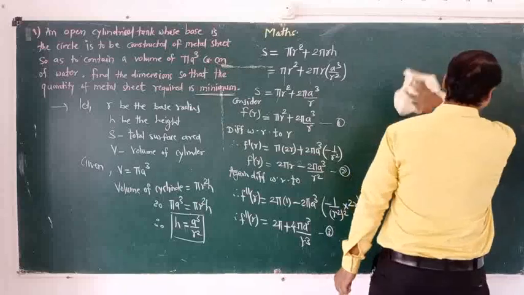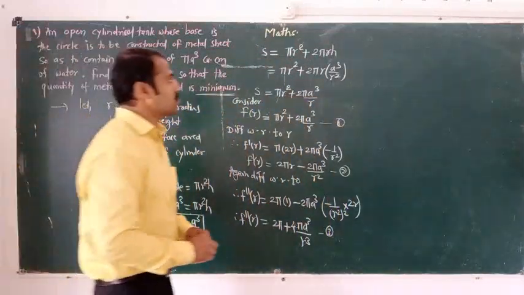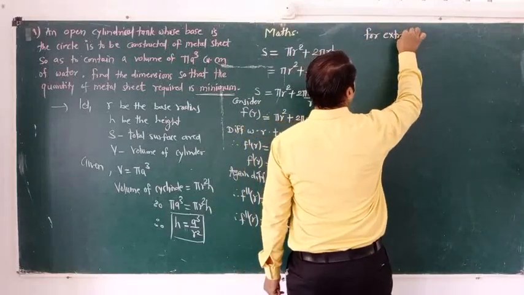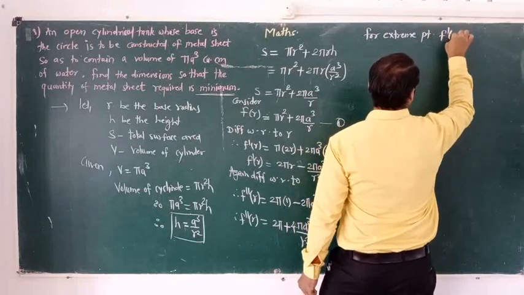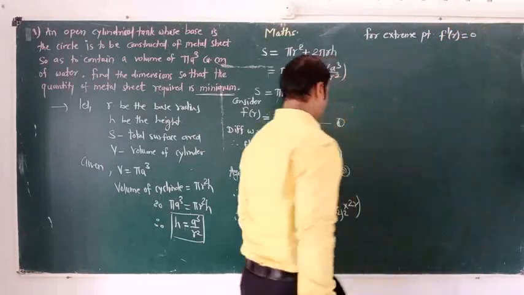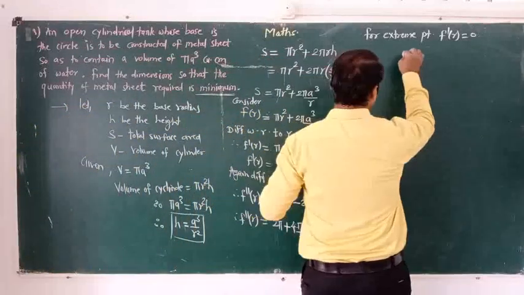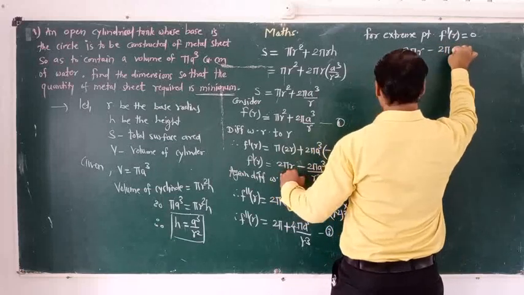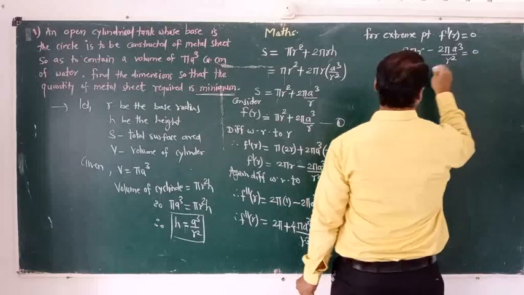I can clear here. For extreme points, what is the condition? The first derivative is 0. For extreme points, f dash of R is equal to 0. What is f dash of R? 2 pi R minus 2 pi a cube divided by R square is equal to 0.